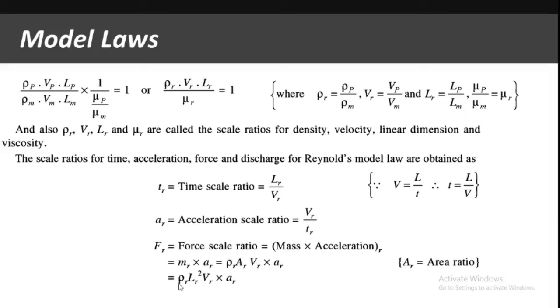Here area ratio is length square, so it is density ratio into length ratio square into velocity ratio into acceleration ratio. Using this you can find it. Then discharge ratio is rho A V, so it is the product of density ratio into area ratio into velocity ratio, that is density ratio into length ratio whole square into velocity ratio.